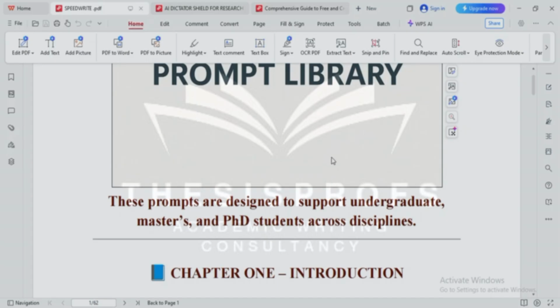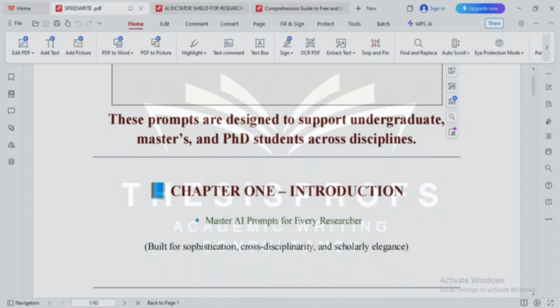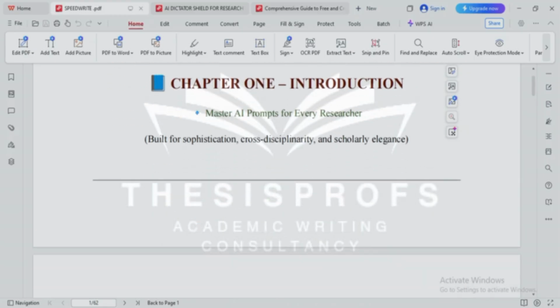Now, this is the prompt library. We provided this. I think the first thing you should try to do is to go through the prompts. You see these prompts are designed to support undergraduates, masters and PhD students across disciplines. And then you come down, chapter 1, introduction.